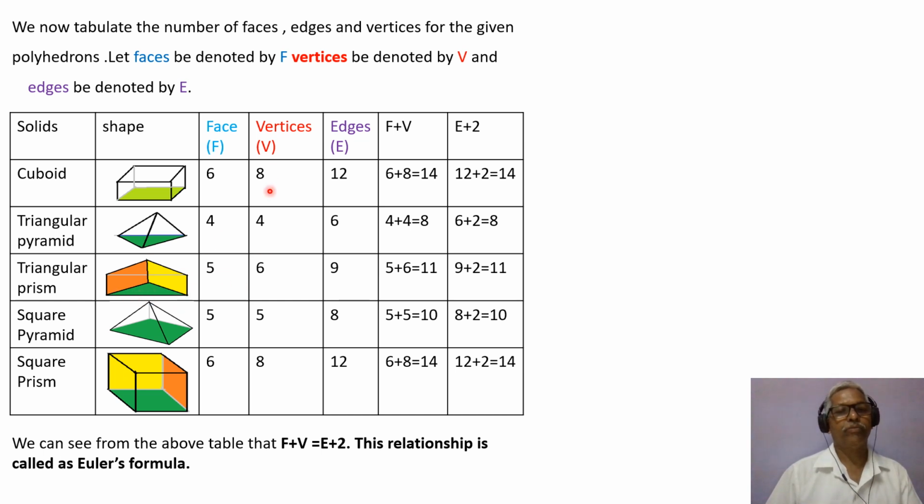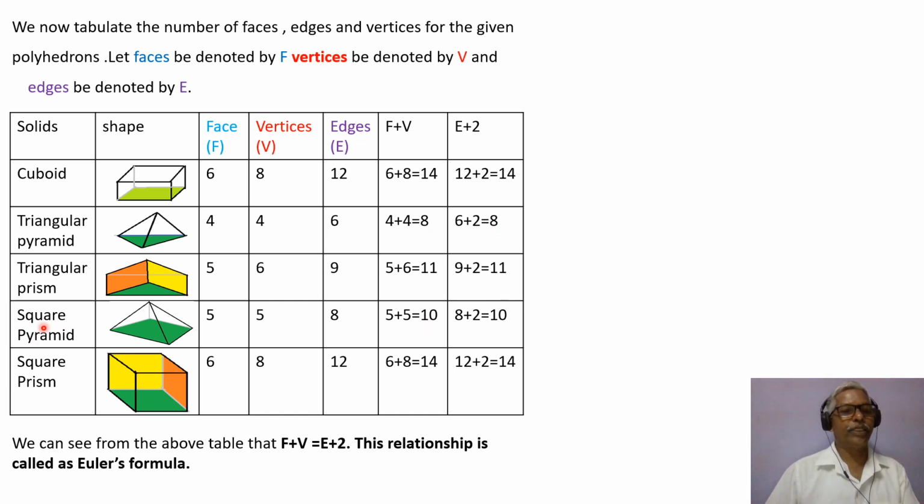Vertices 6, 3 this side, 3 that side. Edges 9: 3 this side, 3 that side, and 3 here. Now F plus V, 5 plus 6 is 11, and E plus 2 is 11. Can you see this? This is 14, 14, 8, 8, 11, 11. If you go ahead, this will be 10, 10, 14, 14.